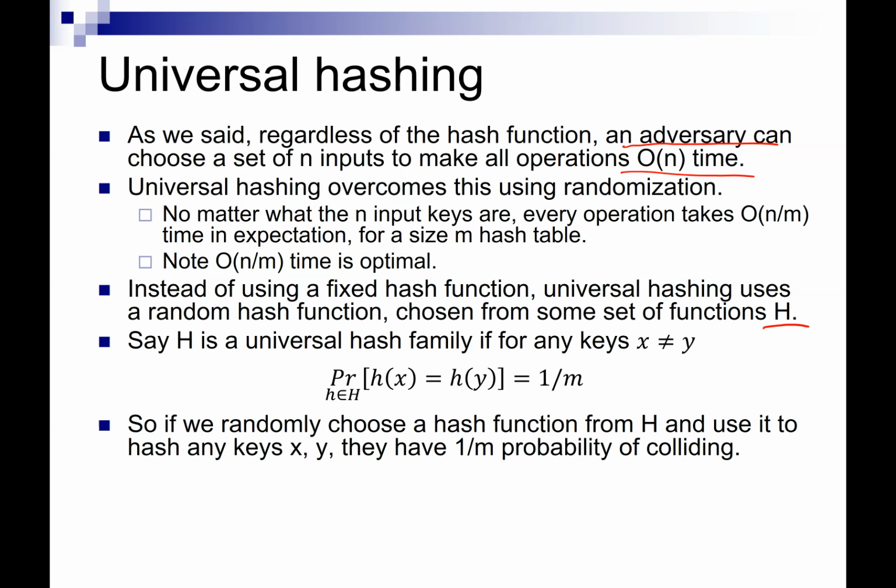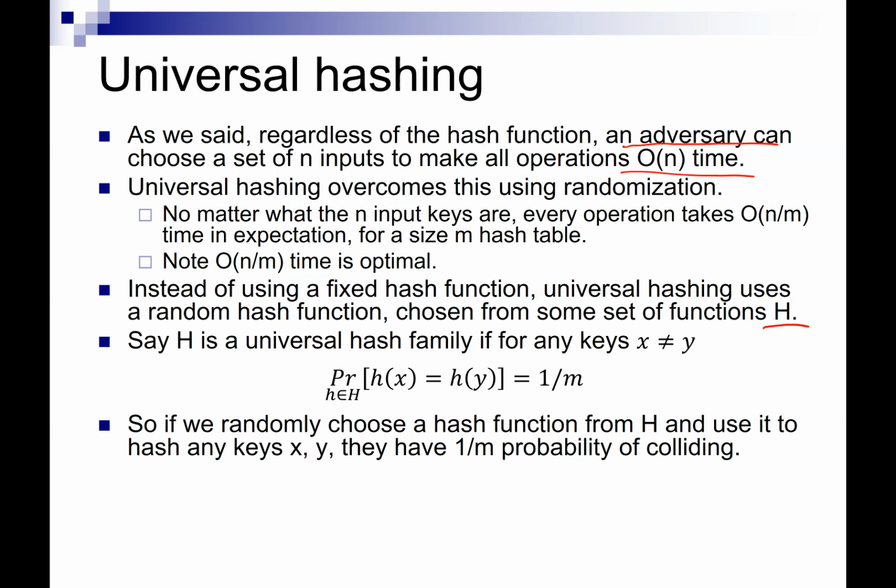So you give me a set of keys, and it could be that for some of the hash functions in this family H, the hash function doesn't work well for your keys. I get lots of collisions, and things are slow. But for some other hash functions in my family, they might work well, and I get very few collisions.